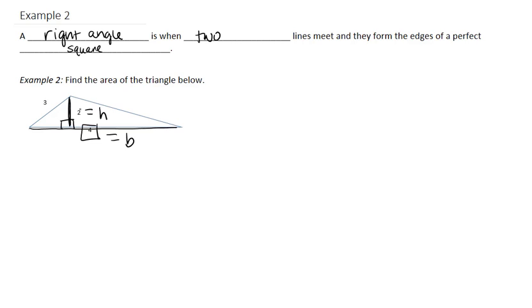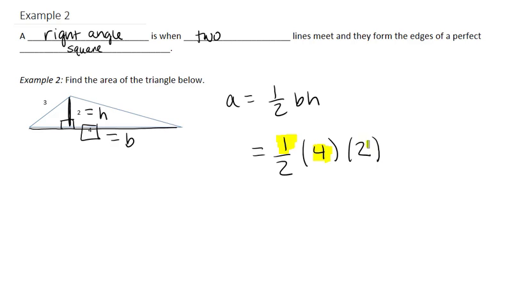Now, for us to find the area, we go area is equal to 1/2 base times the height. So 1/2. Now the base is 4. The height is 2. So what we can do is just multiply what's on top, and then we would divide by what's on the bottom.